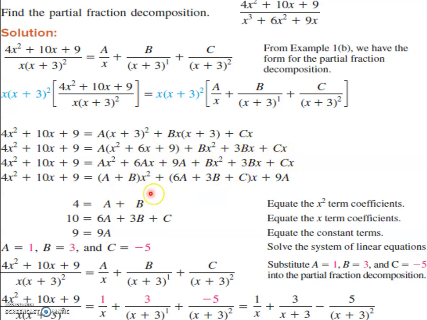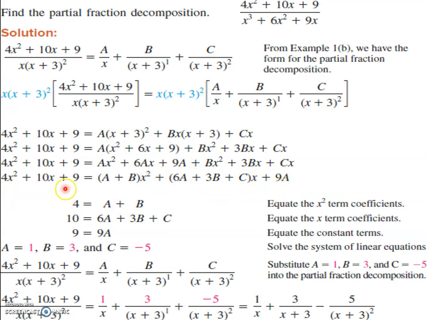So equating: (a + b) bracket into x², then we take x common, which are 6ax, 3bx and cx. So (6a + 3b + c) bracket x, plus 9a is the constant.